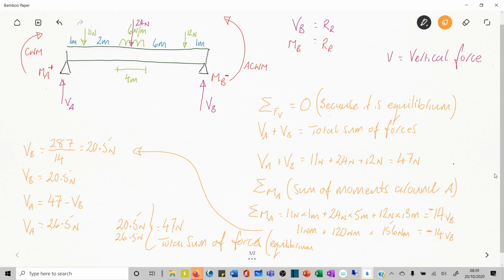And that's why we say the total sum of vertical forces equals 0, because the total sum of the vertical forces up equals the total sum of the forces down. So therefore it's 0, it's an equilibrium.